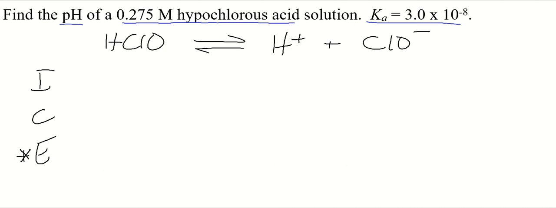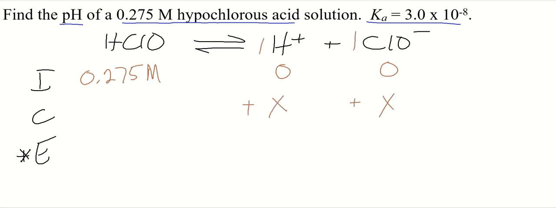We're given the initial concentration of the weak acid is 0.275 moles per liter, and we assume there's none of the products. And we're going to say the change is some quantity X, and because these are all 1:1:1 mole ratios, the change in one of the products is going to be the same as the change in the other. And that's also going to be the same amount the reactant decreases by, because the reactants are used to make the products.